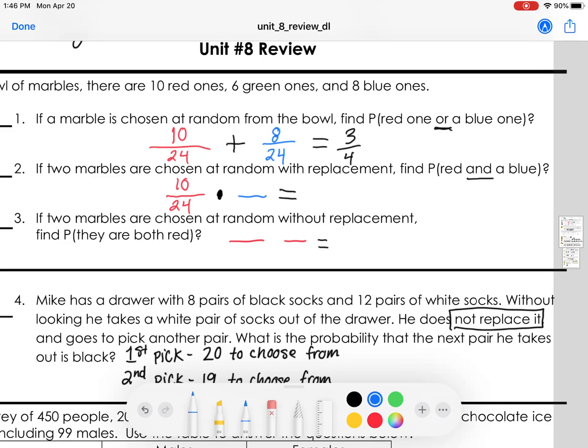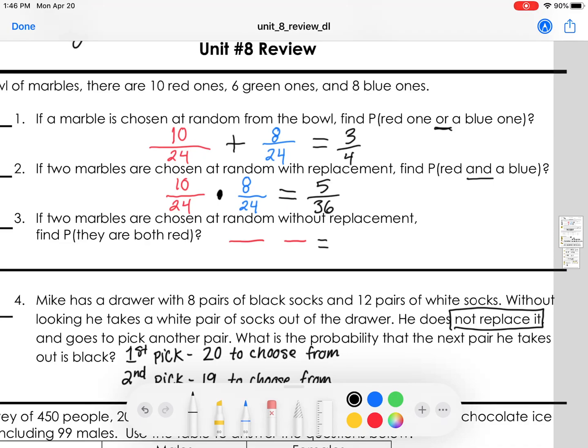And then for the second draw, I put my red marble back, so I still have 24 marbles, and of those 24, 8 are blue. Combined with multiplication, I have a 5 out of 36 chance that I will draw a red and then a blue with replacement.